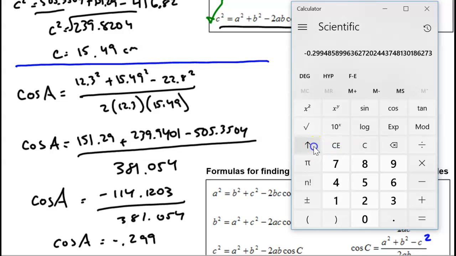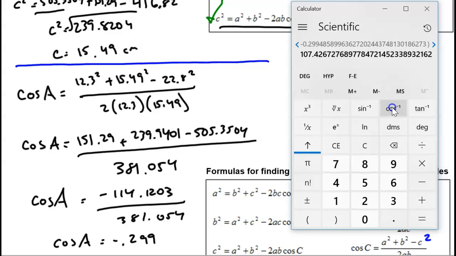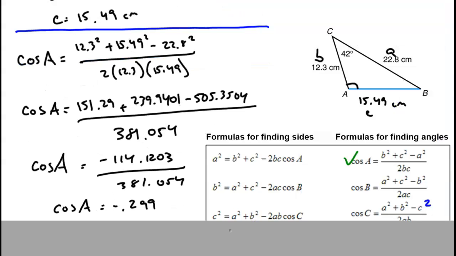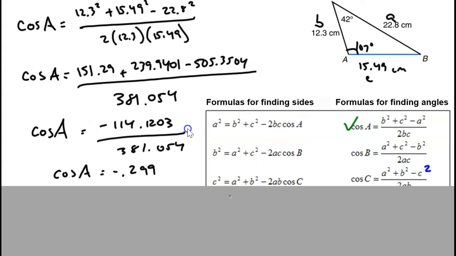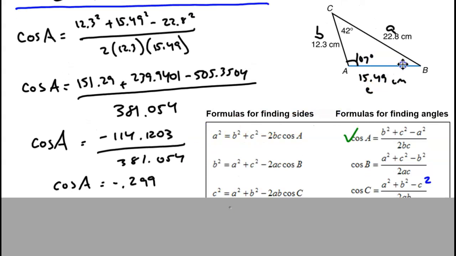And when we go to find our inverse, remember it's inverse cosine, not inverse sine, then we get 107. That 107 goes right here, 107 degrees.